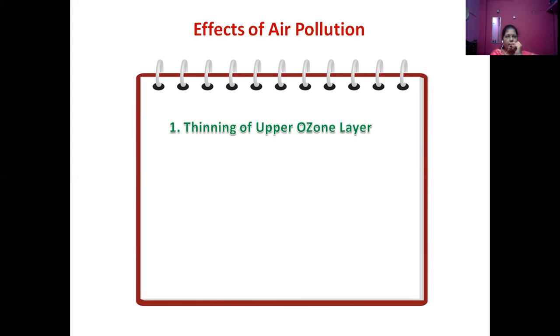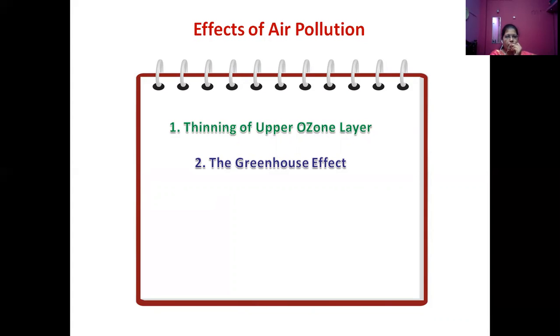But since this COVID pandemic, vehicles are not on the road and many industries are closed, so we can think that this may recover to some extent, which is good for everyone. Then the greenhouse effect.